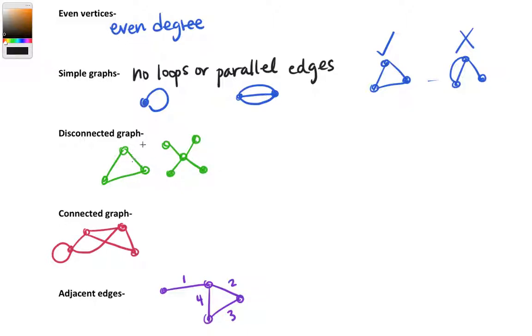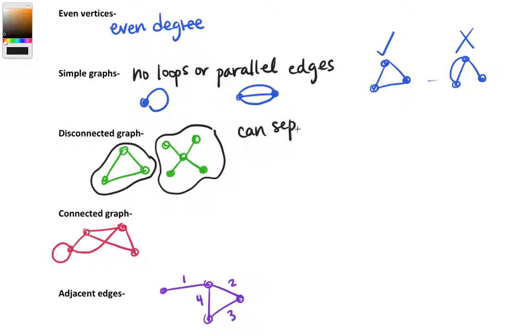A disconnected graph is one where you can separate it into 2 completely different parts that aren't connected by any edges. So here we've got this piece, here we've got this piece.